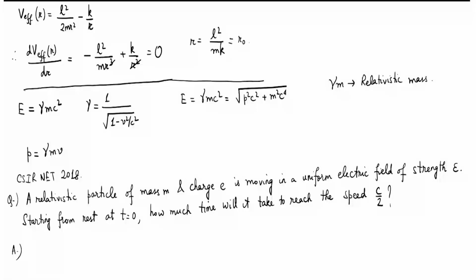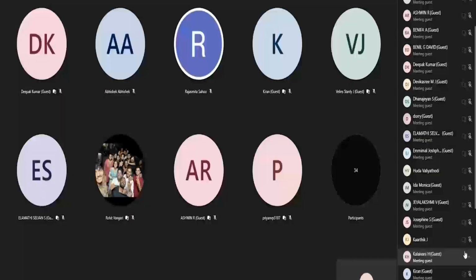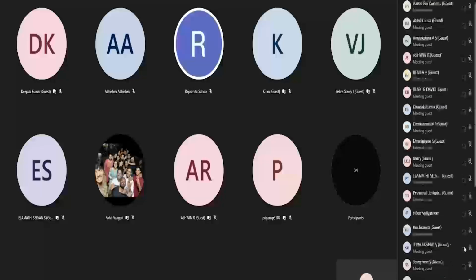So it starts from momentum 0, starting from rest at t equals 0. How much time will it take to reach the speed c by 2, half of the speed of light? Can anybody tell? Try.